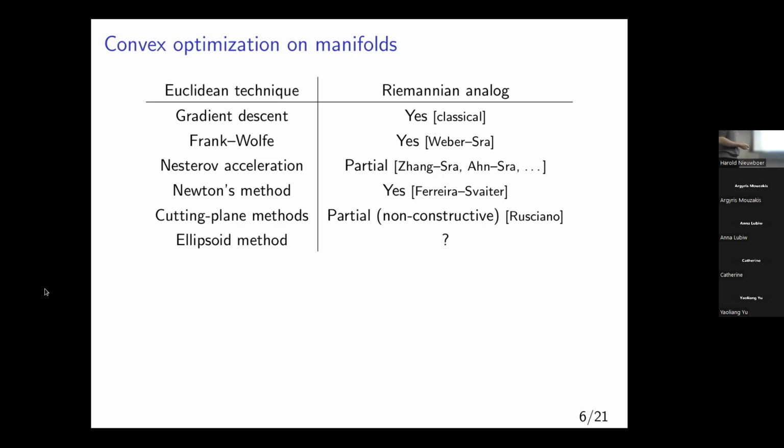This is a little bit trickier, and we don't know any constructive method of finding good cutting planes, and the whole situation becomes a mess. Also, for the ellipsoid method, we have no analog of ellipsoids that we know works. So we have nothing like the ellipsoid method.